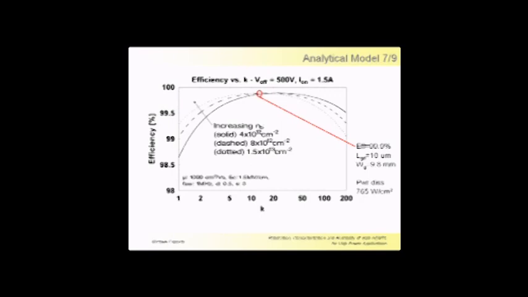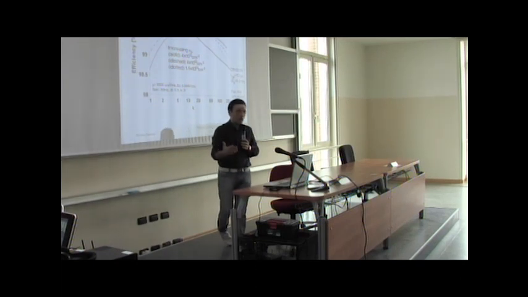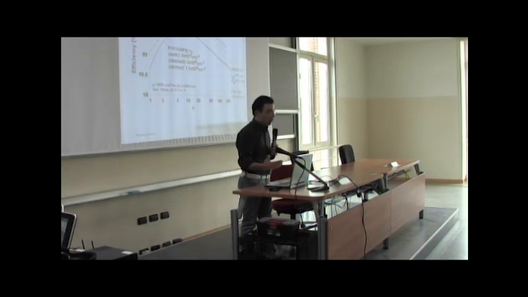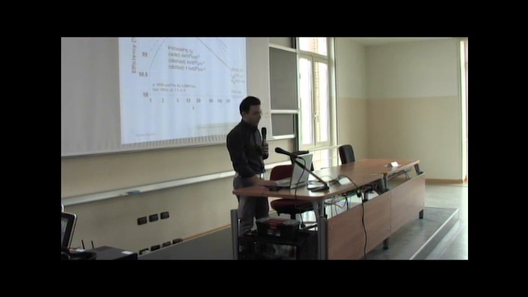As we can see, changing the value of K, that means changing the gate periphery based on the equation I showed earlier, we can get the maximum efficiency of 99.9%, very impressive results, using these values of LGD and WG. But if we look at the power dissipation density, we have this value that is very high, and it may compromise the reliability of the device.